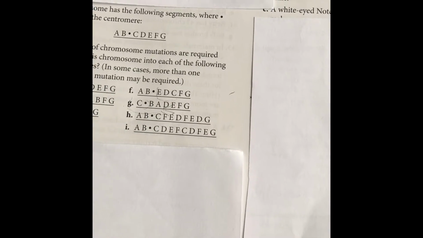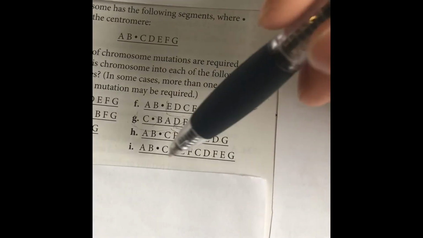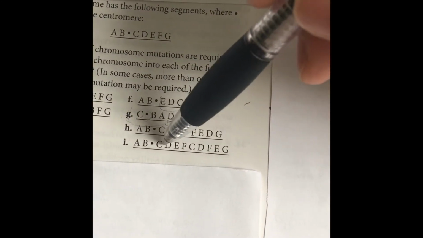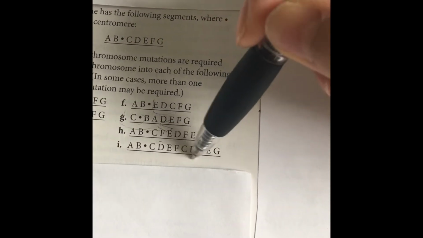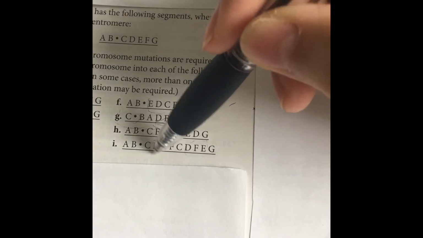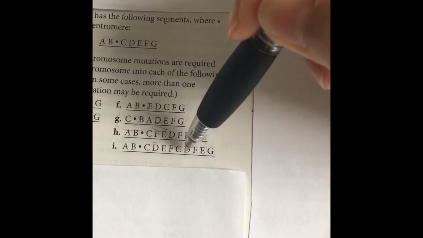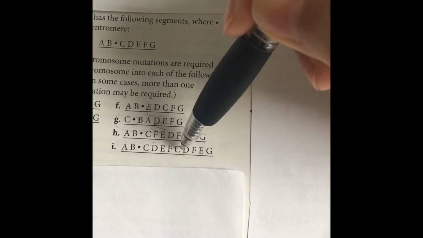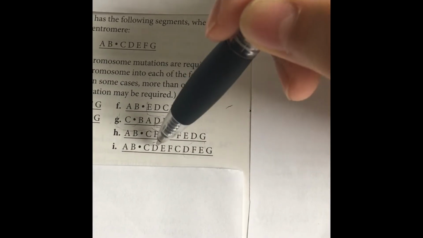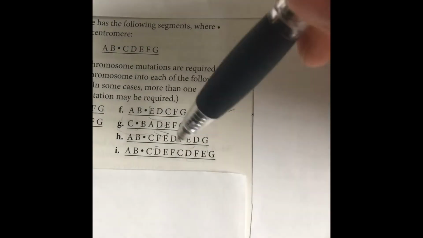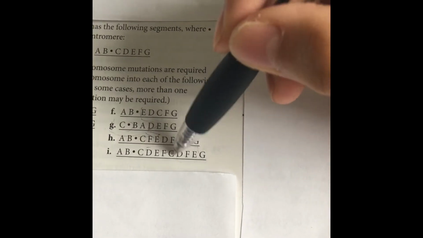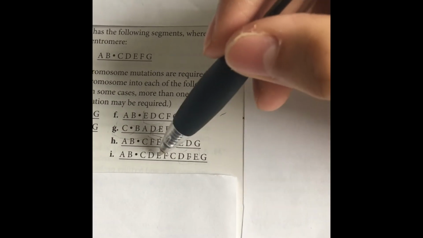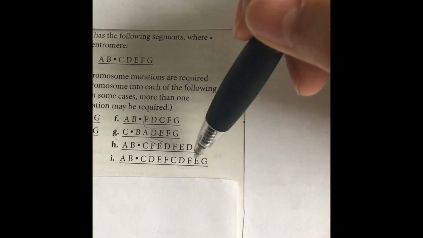And then for I, there would be a duplication because of so many extra nucleotides. And in addition to that duplication, okay, so it looks like DEF got duplicated, and then in this duplication, it got inverted. It's not only just a duplication, it would be a displaced duplication because the DEFs are not right next to each other, so that makes it displaced duplication.